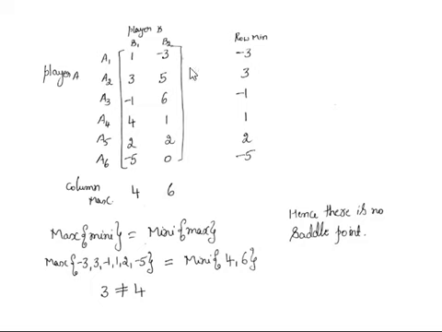So 1 and minus 3 gives minus 3, the next 3, the next minus 1, 4 and 1 gives 1, the next 2, the next minus 5. All the row minimums we have identified. In each column we have to identify the maximum. Those values have been written here: 4 and 6.